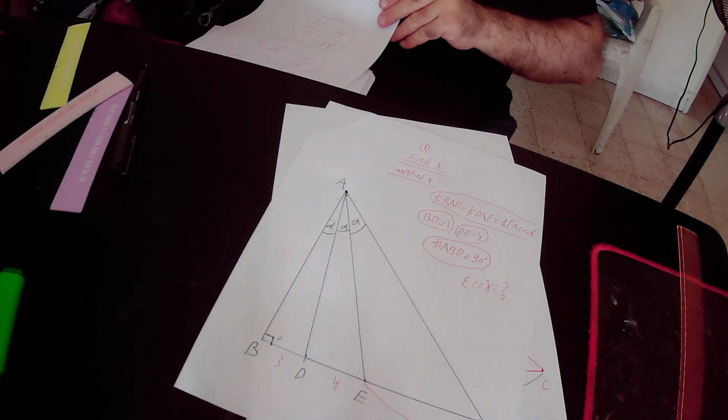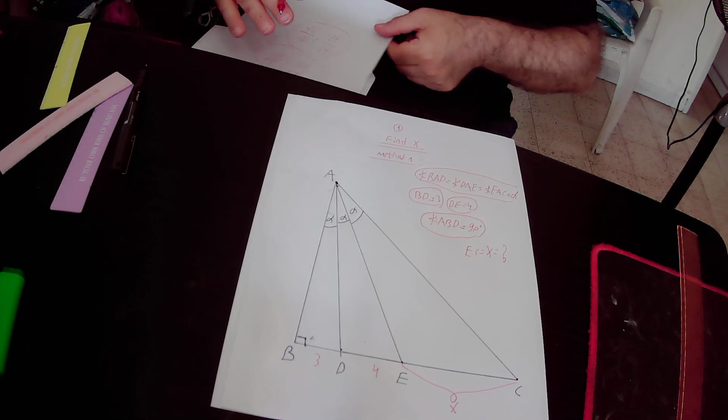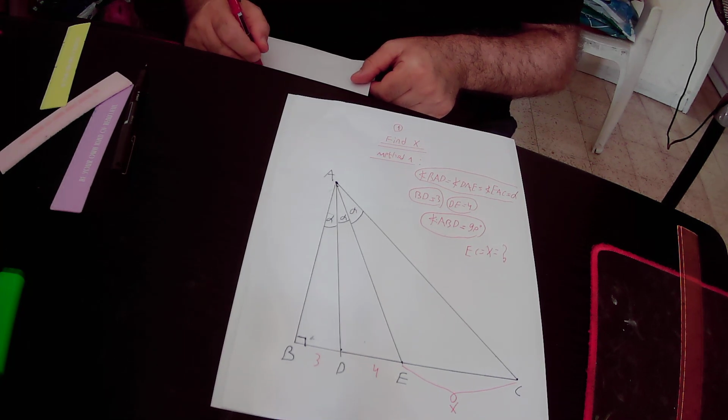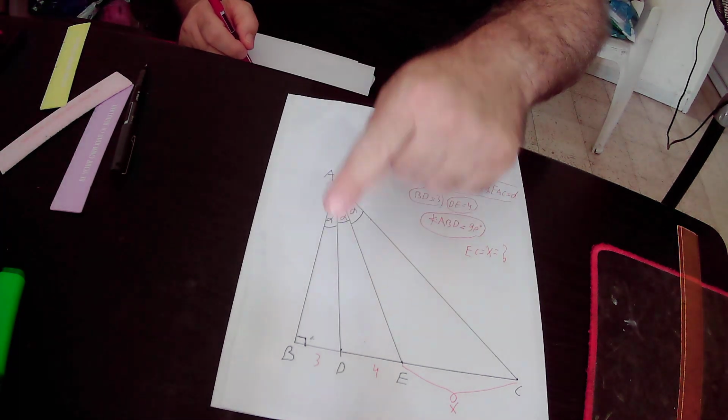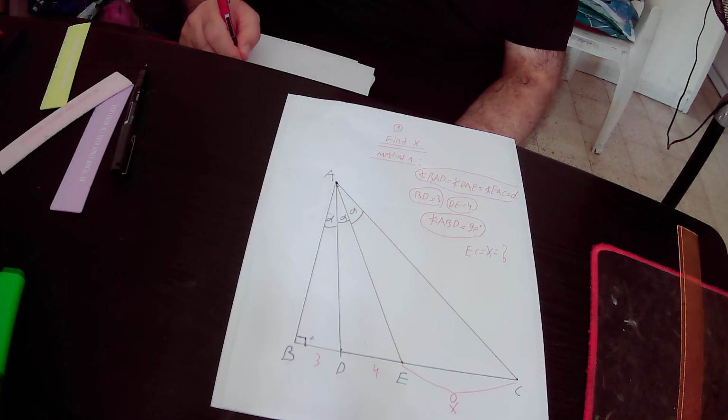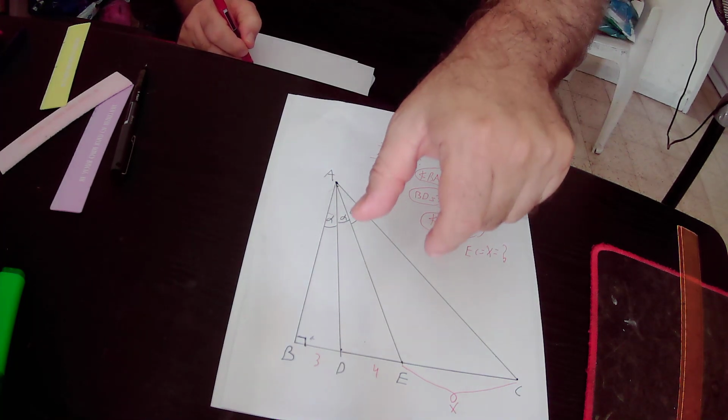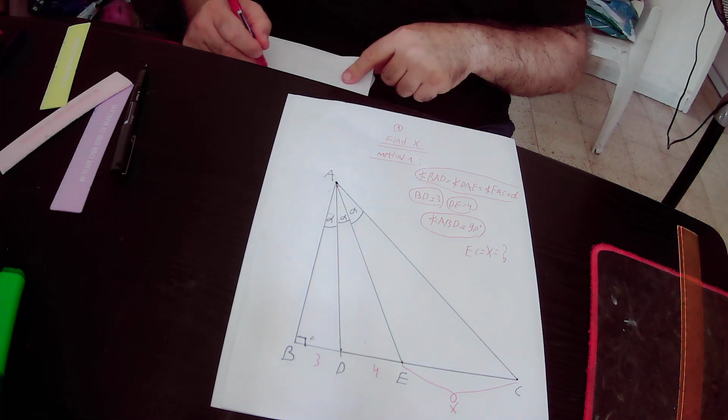What is the value of BD? BD equals 3 units, so we will substitute BD by 3, and DE equals 4 units, so we will substitute DE by 4.